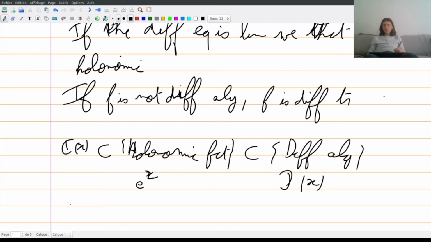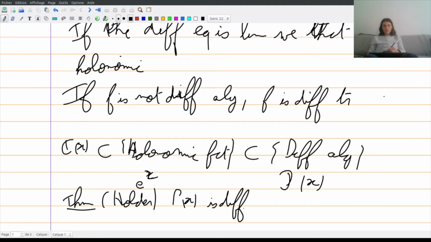So the moral of this story is that there are very few such elements. Let me give this result due to Hölder that gamma is differentially transcendental. I remind that gamma is a function that satisfies this functional equation.